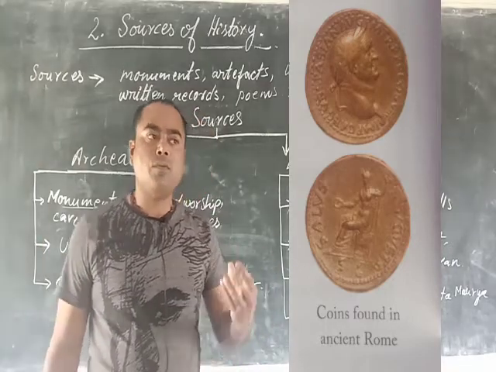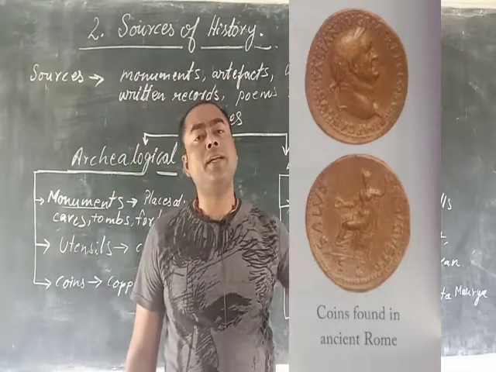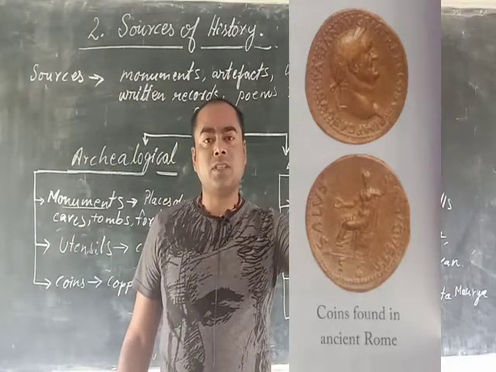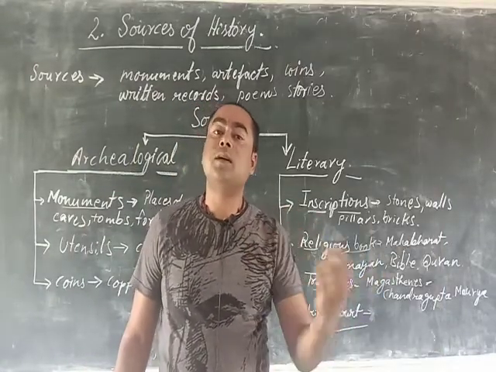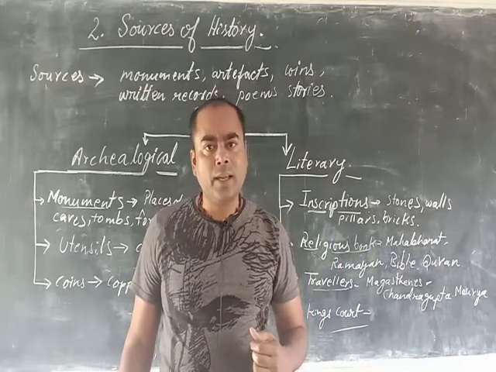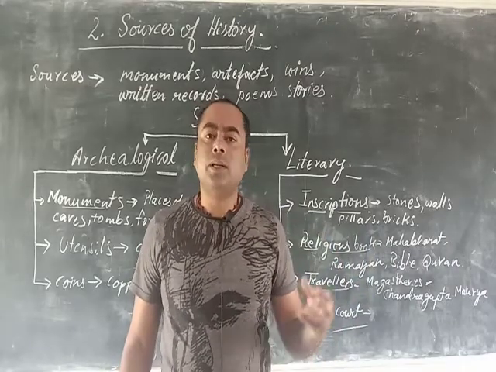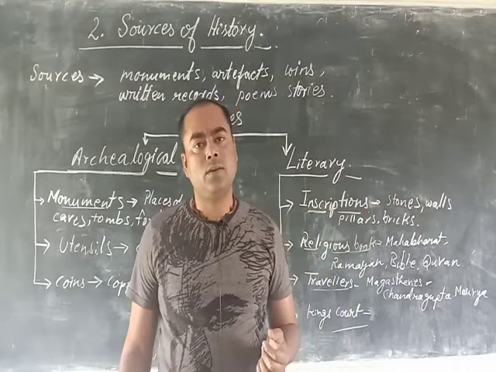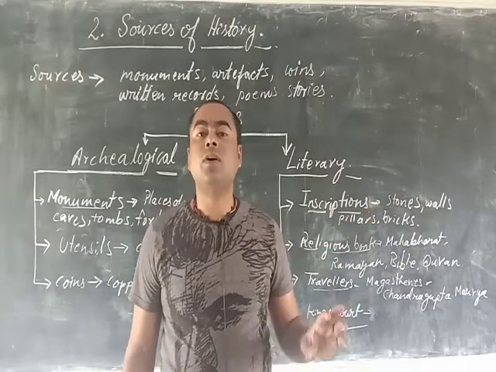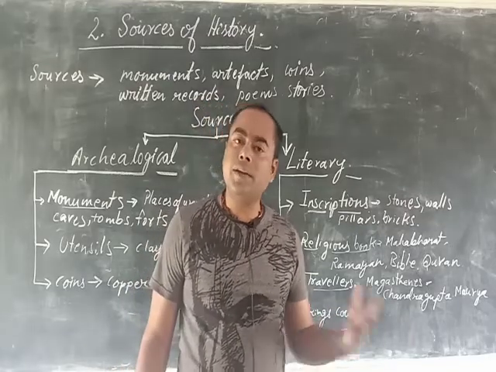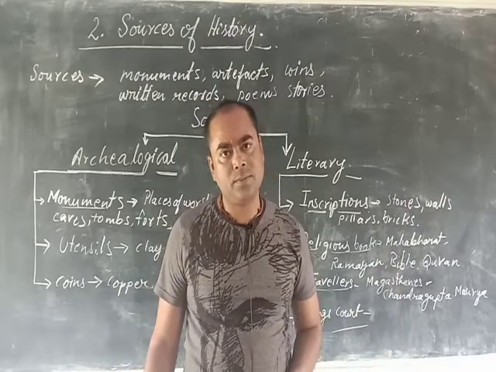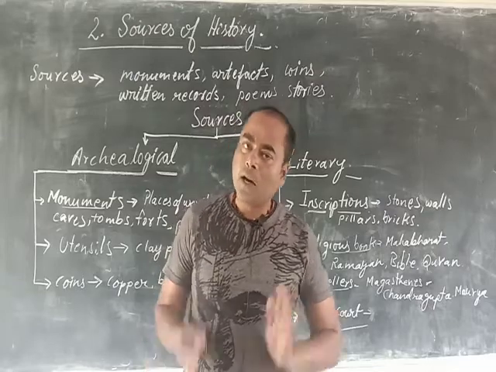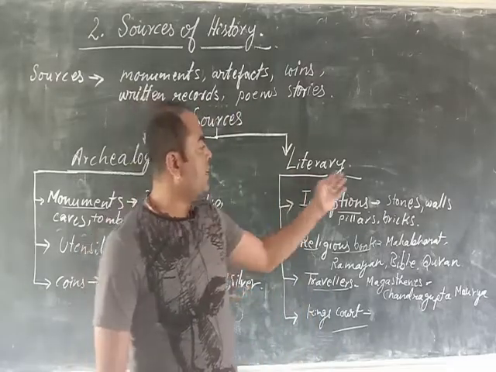When India's oldest coins are found in other countries, that means at that time coins were exchanged in terms of goods, like we use money. So that gives us sound knowledge that there was a trade relationship between India and other countries of the world. Is that clear? Now let's move on to literary sources.